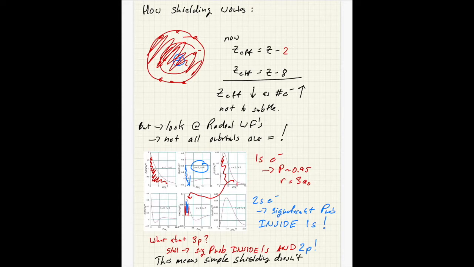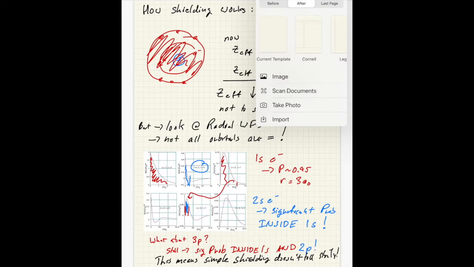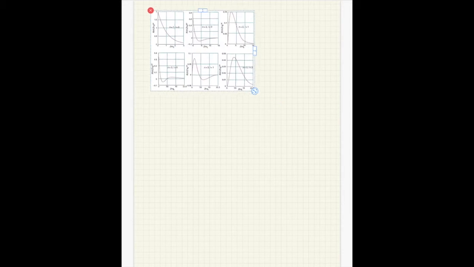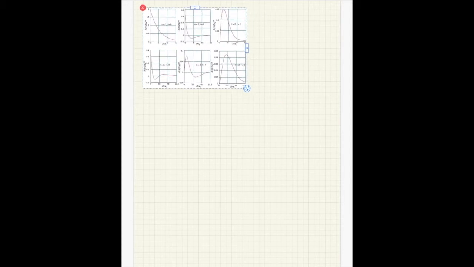So this simple model of shielding from the Bohr radius doesn't quite cut it, and we need to actually pay attention to the radial wave function when we start thinking about these effective nuclear charges. Even if they're a closed shell, you can still have extensive penetration. Again, here are the plots of radial wave functions for a few different combinations of n and l.